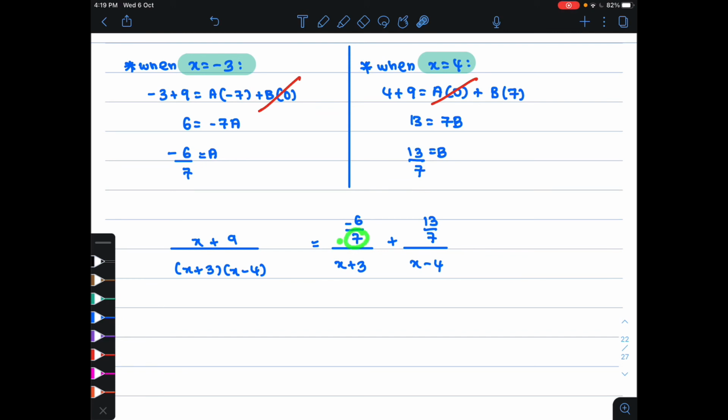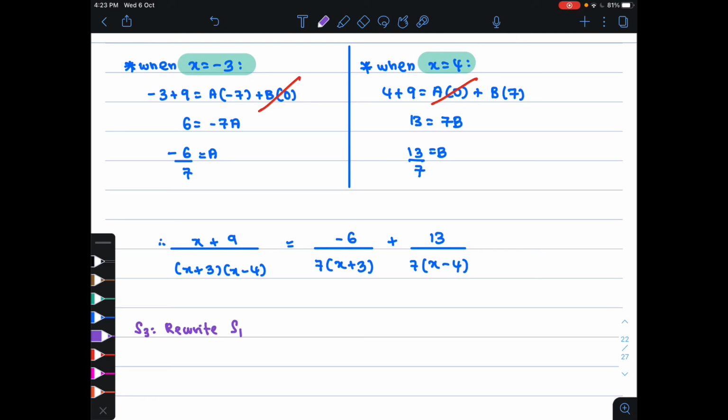So bring 7 to the denominator, and you'll be left with negative 6 on top. For the second term here, bring 7 to the denominator, and you'll have 13 on top.